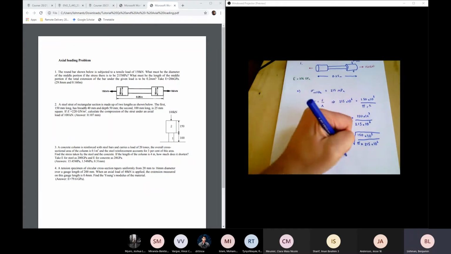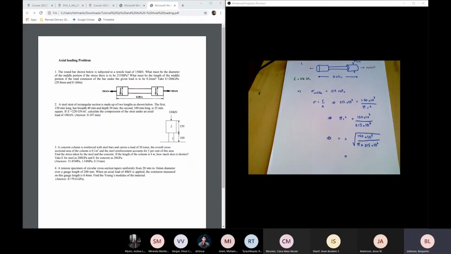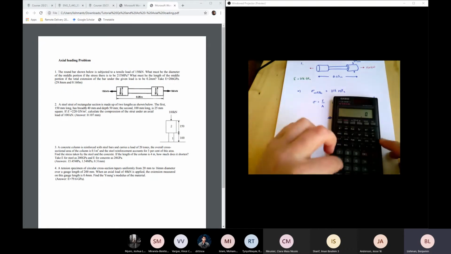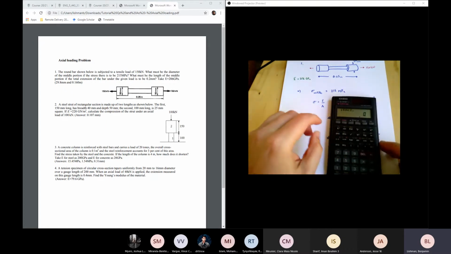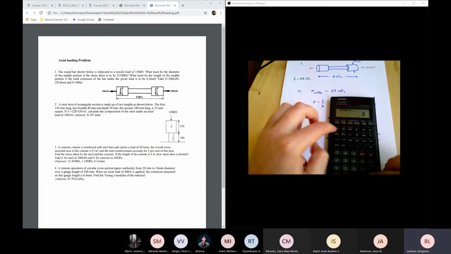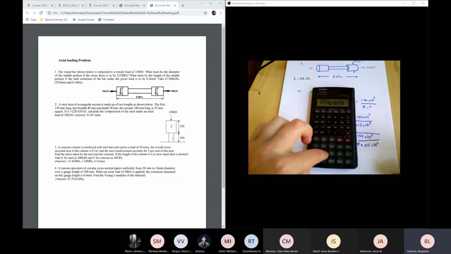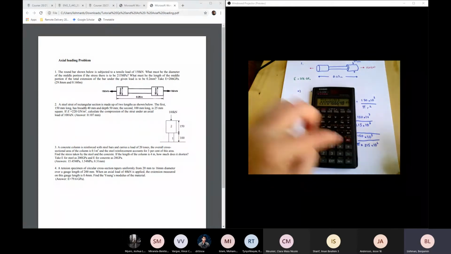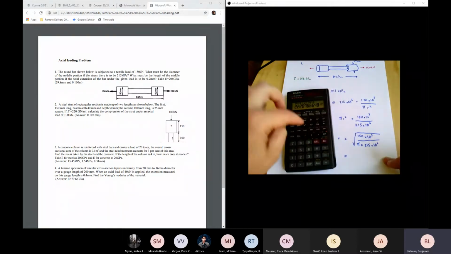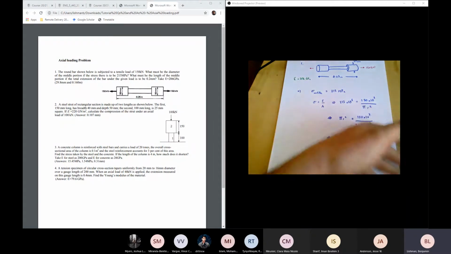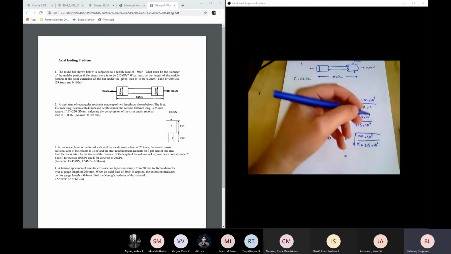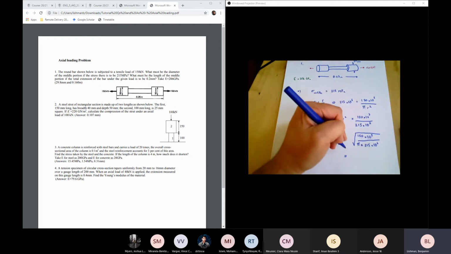And that's now something I can put into my calculator. So I'll do that. 150 times 10 to the 3 divided by pi divided by 215 times 10 to the 6, and then square root of that, which comes out as 0.0149 meters.